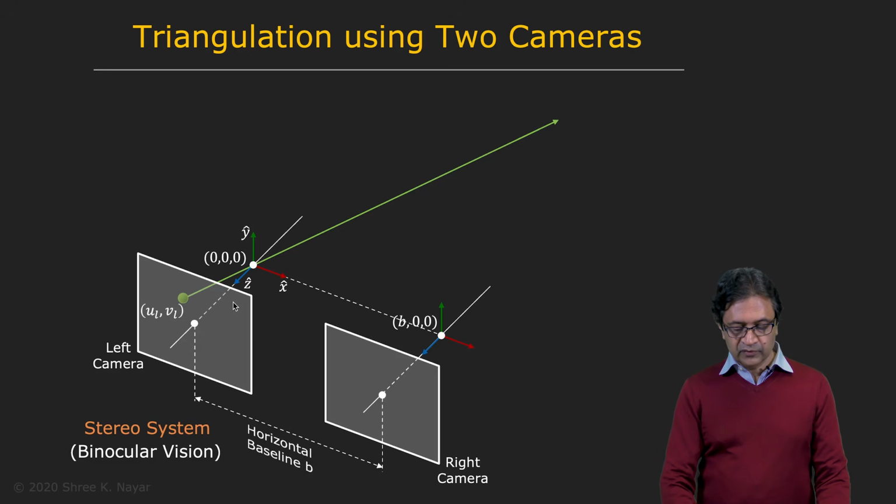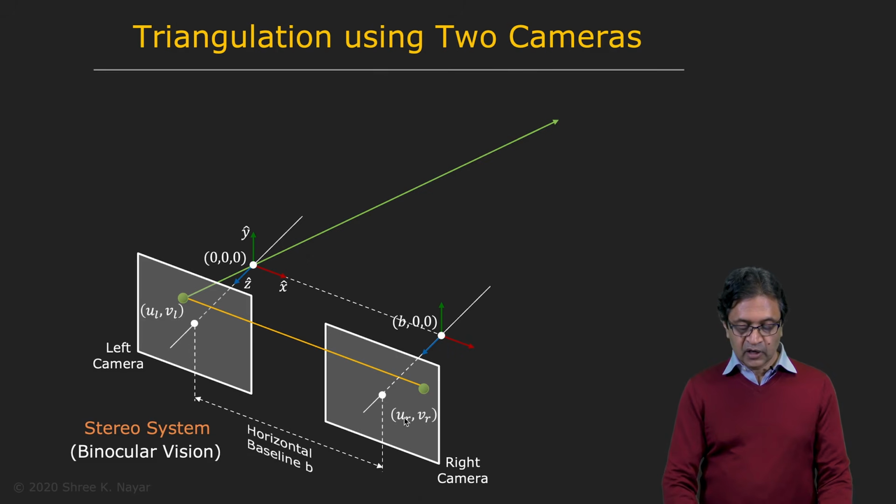So you have your first camera and your second camera, and let's say you're looking at one point in your left camera, that's UL, VL. That corresponds to an outgoing ray. We don't know where the corresponding scene point lies. But let's say somehow you were able to find the corresponding point in the right camera. That is the projection of the same scene point in the right camera.